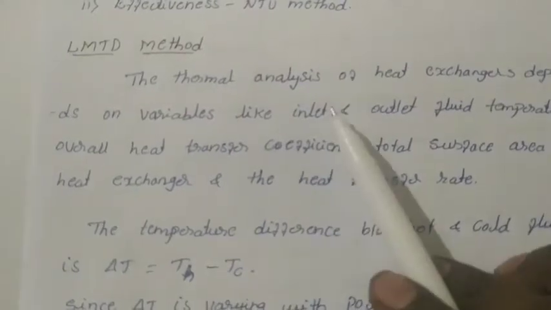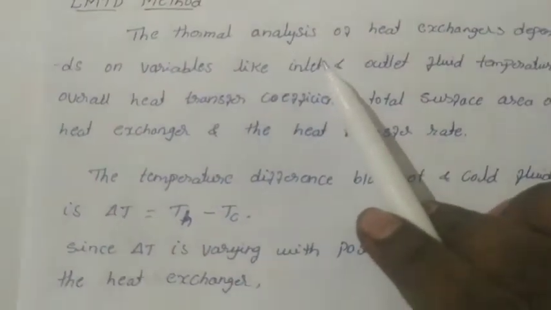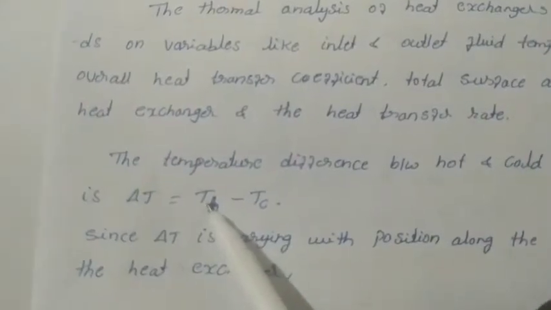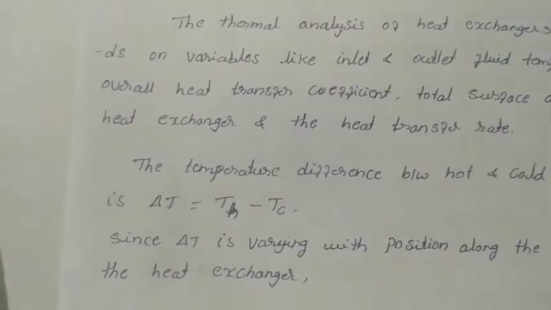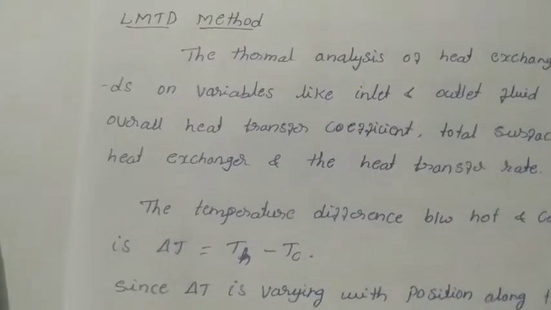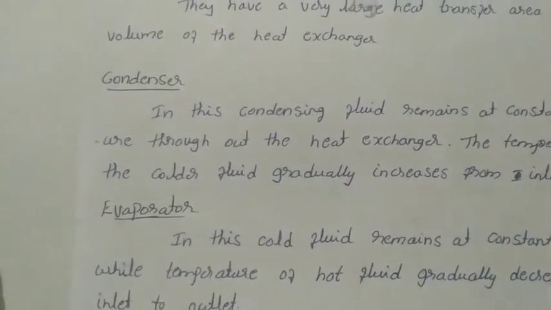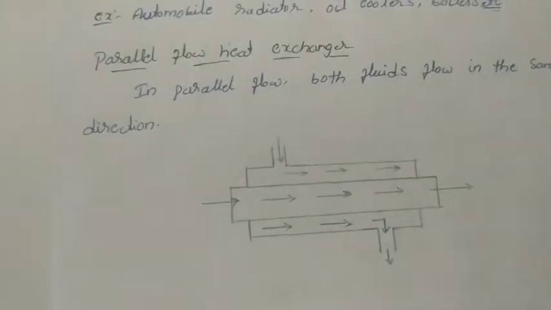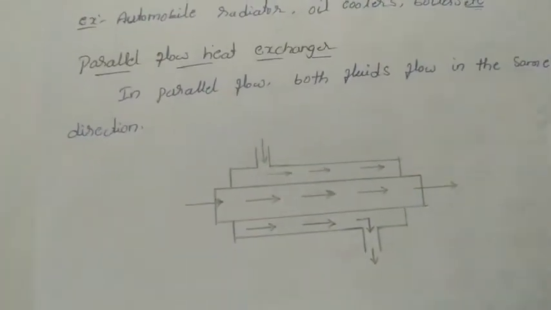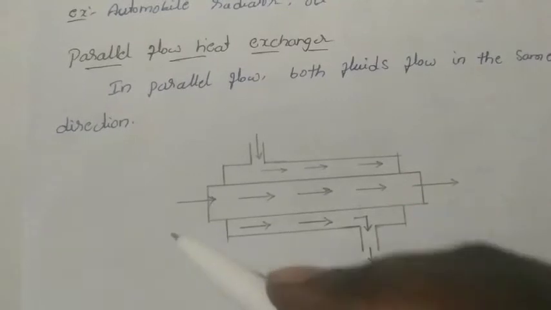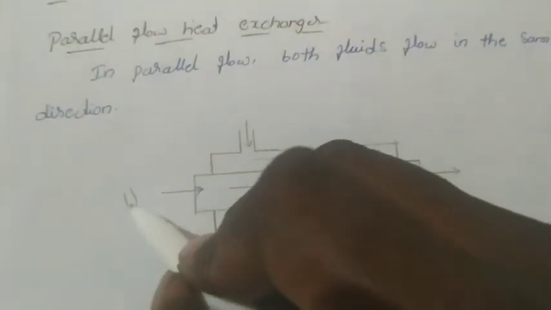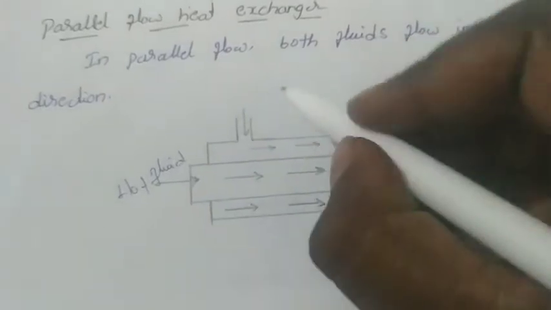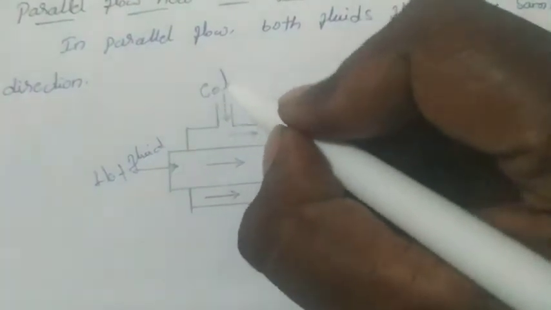As we already discussed the types of heat exchangers, delta T is not the same at all positions. For example, let us consider the parallel flow and the counter flow heat exchanger. Look here: let us consider this the hot fluid and this the cold fluid.